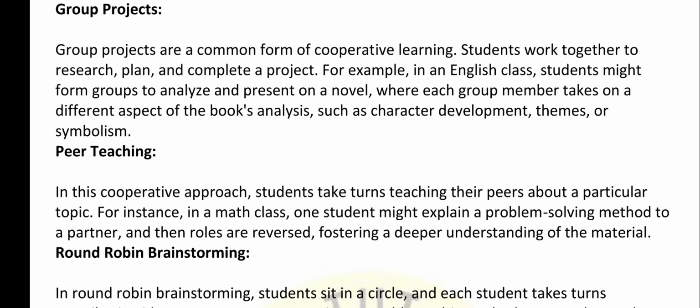So peer teaching. Before understanding what is peer teaching, you should know the meaning of peer. Peer means people of your similar age. So in class 6 you will see the students are of similar age, so they are peers. There is a difference between friends and peers. I can be a friend of somebody who is 50 years, and I can be a friend of somebody who is 5 years, right?